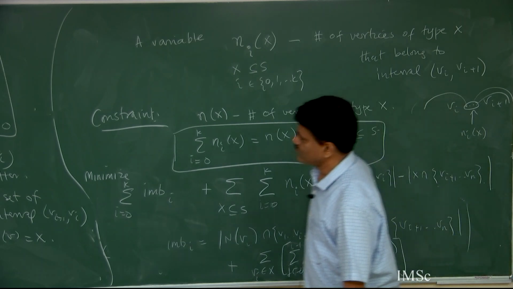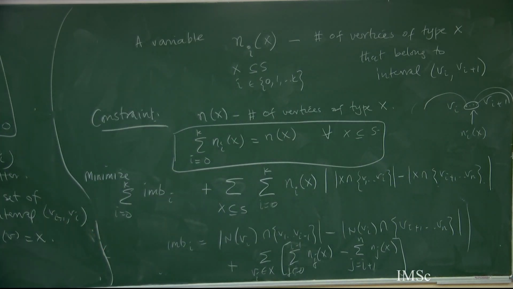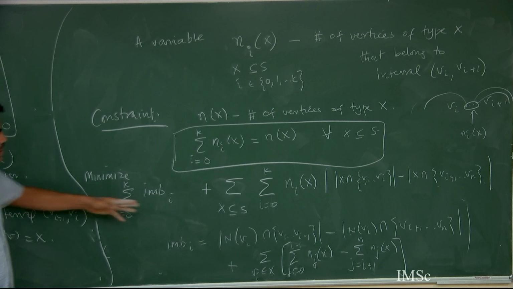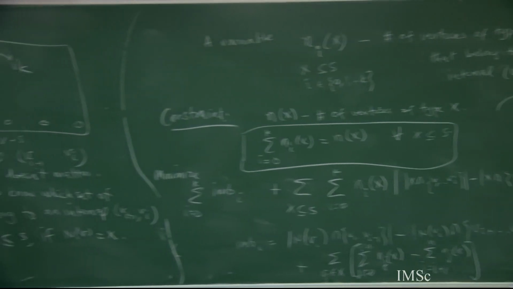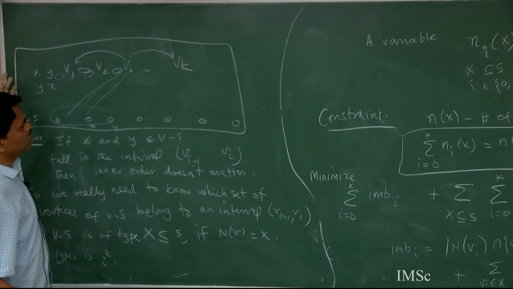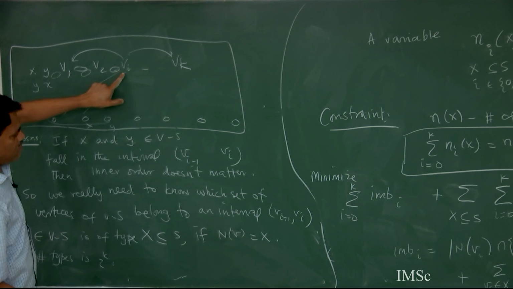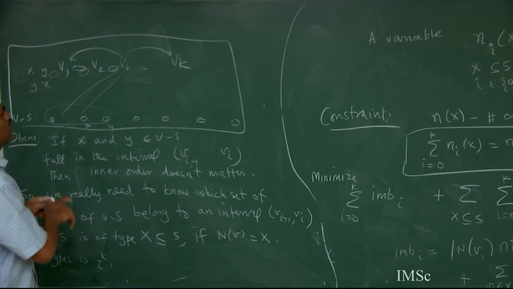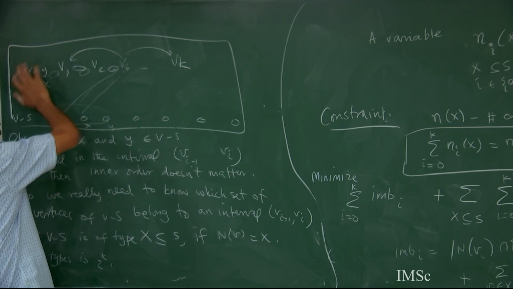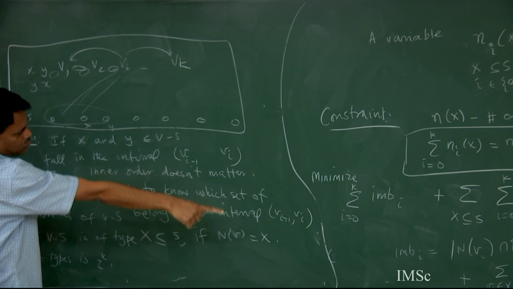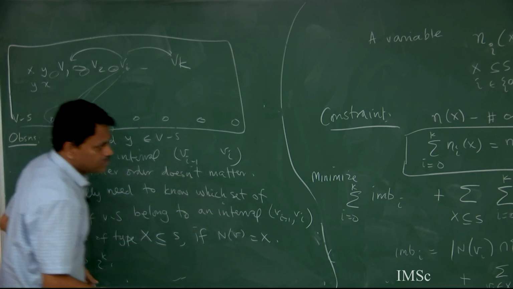So for any vertex here, we counted the imbalance caused by the vertices here among themselves, that's this. There are no edges among them, so these guys are causing imbalance only with these vertices. Now for every Vi here, first look at its neighborhood to the left minus the right, that is one sort of imbalance, that is the first term I wrote down.